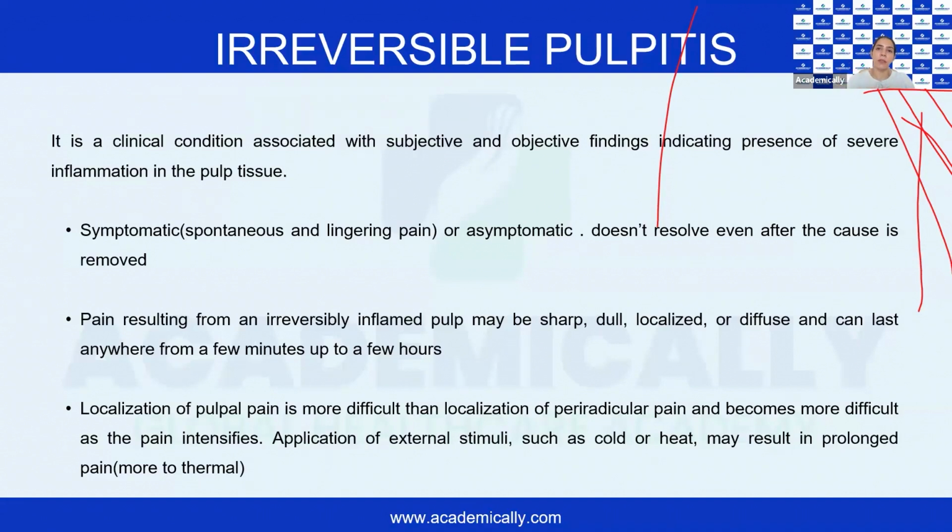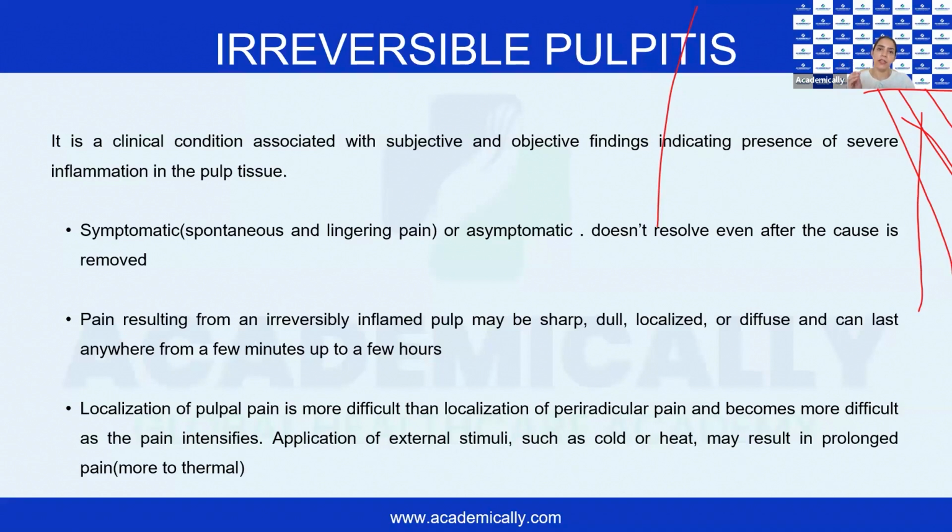Whereas reversible pulpitis usually happens when there is decay, more or less soft dentine, depending on the stage of dental caries. Plus you will take X-rays.